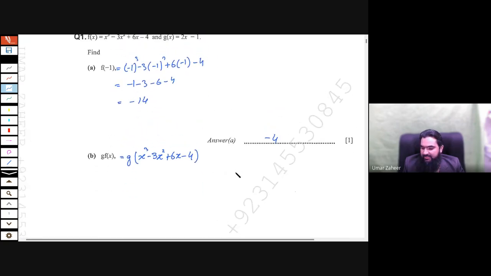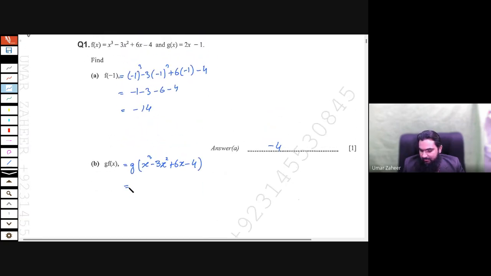Now we have to apply the g function. The g function is 2x minus 1. So 2 times, empty space for x, minus 1.